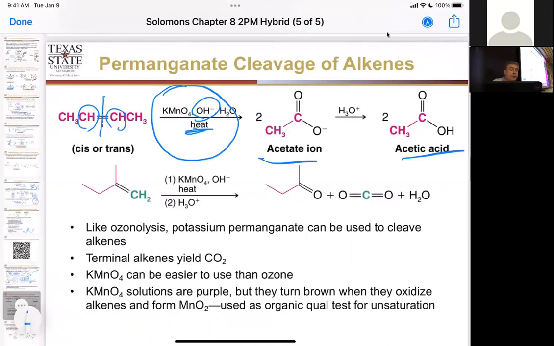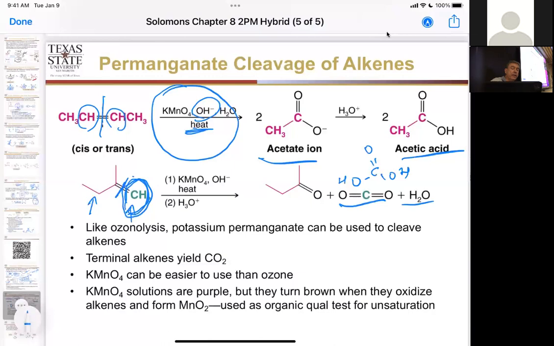Now, what happens if you have one side that has hydrogens and one side without hydrogens? Well, the side without hydrogen also forms ketones, just like in the ozonolysis reaction. Okay, but if you formed an aldehyde on the other side, it would keep decomposing. So this would decompose down to a carboxylic acid, specifically carbonic acid. Carbonic acid isn't very stable. It decomposes into CO2 and water.